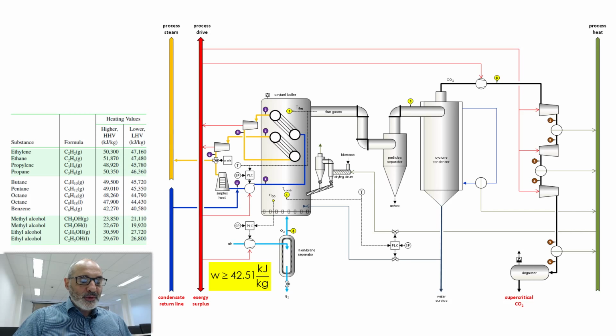So this separation process consumes a certain amount of electricity, exergy, and I know the minimum amount it's going to consume is 42.51 kilojoules per kilogram of air. So we already have important numbers that help us figure out if this process is feasible or not.